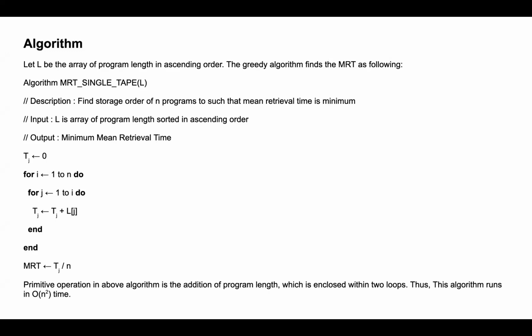what is given here in the description: find the storage order of n programs such that the mean retrieval time is minimum. Now we know that the programs are in ascending order, so that is going to give the minimum mean retrieval time.